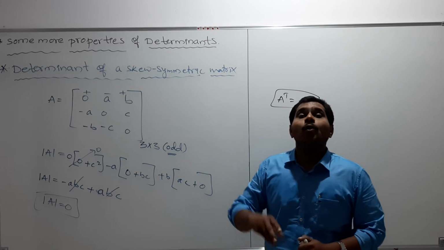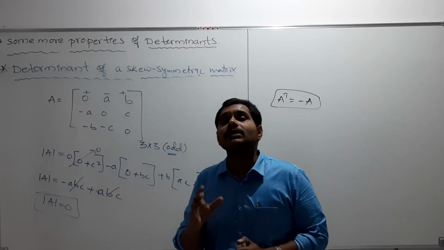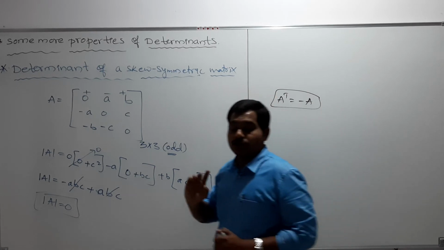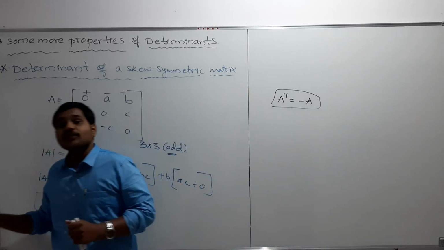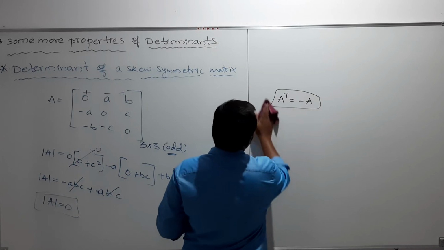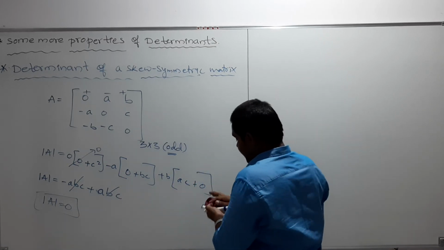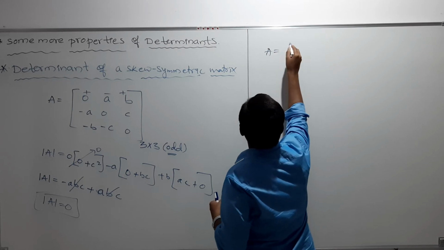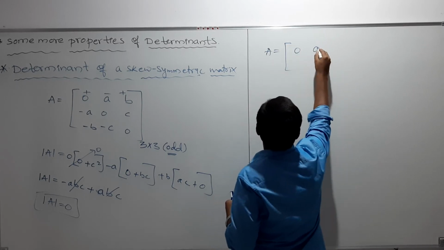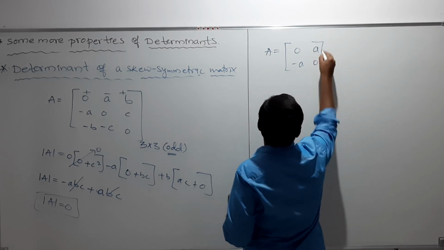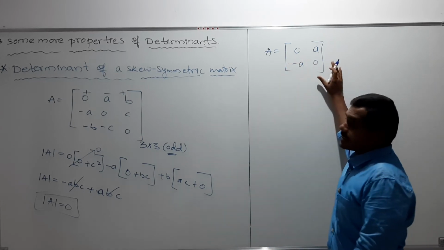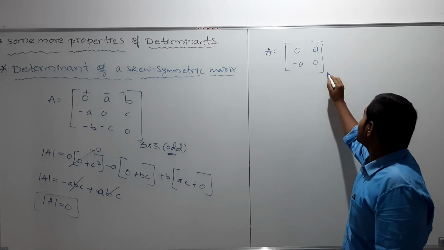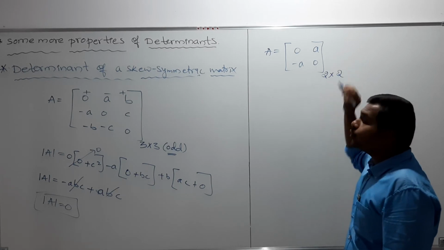Now my dear students, what happens if I have a skew symmetric matrix of even order? I'll consider here, it is 0, a, minus a, 0. My dear students, this is the skew symmetric matrix of even order, because the order is 2 cross 2.